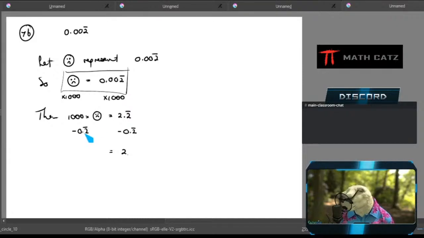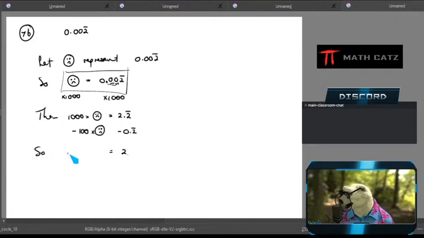See, the decimal point is right before the repeating section. Here it's a little far away. So let me move it twice, and then it'll look like this. Twice meaning times 100. So instead of saying I want to subtract this, I'm going to subtract 100 sad faces. That's the same.